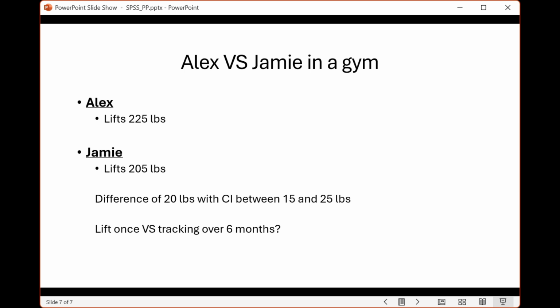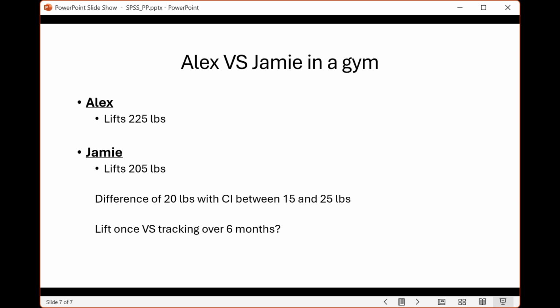The t value helps us figure out, is this 20-pound gap big enough to matter compared to how much their daily lifts usually fluctuate? So if the t value is big, like in our SPSS test where it's negative 12.47, that's like saying Alex consistently lifts way more than Jamie. It's not a one-time thing. It's a real, meaningful difference compared to their usual variation.